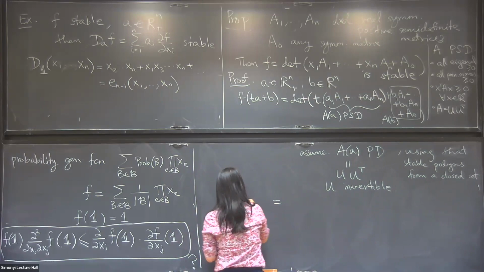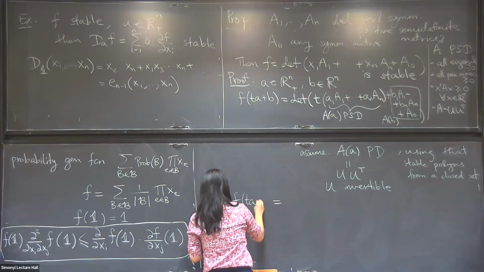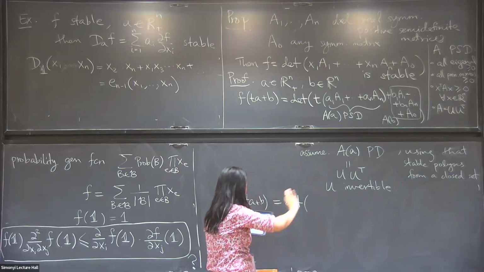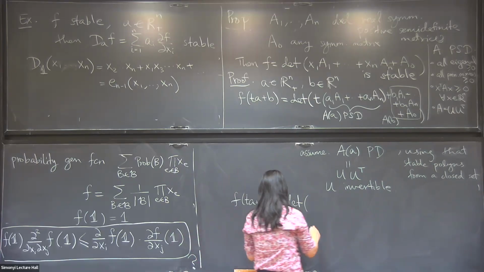So now my polynomial becomes, I can factor out the U and U transpose.